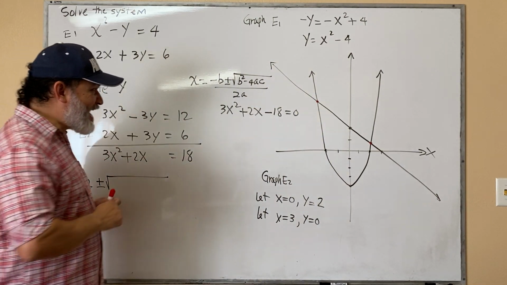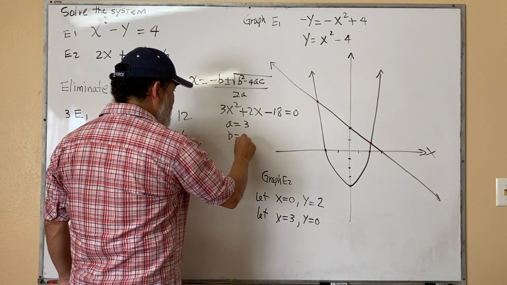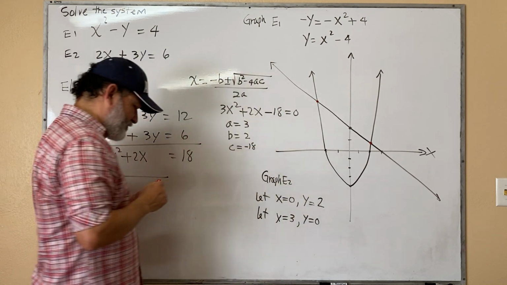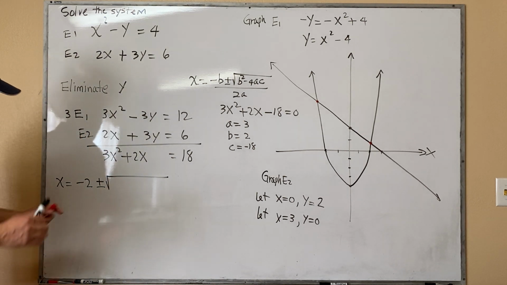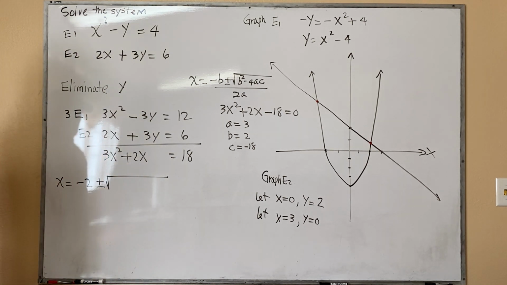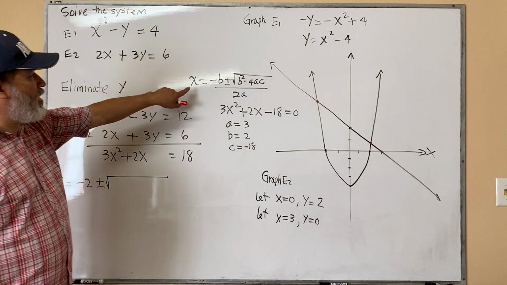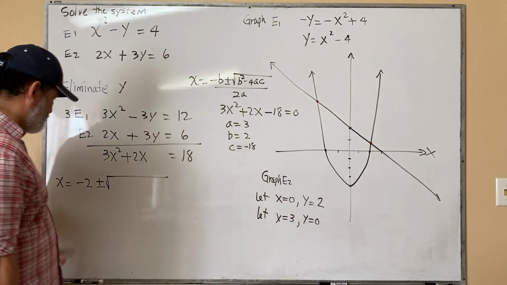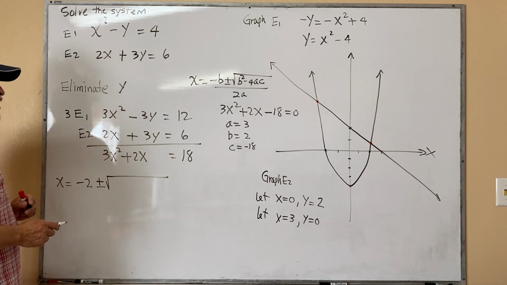So A is 3, B is 2, and C is negative 18. Look. Okay, we're ready. So by the quadratic formula, x equals negative 2 plus minus the square root of b squared.